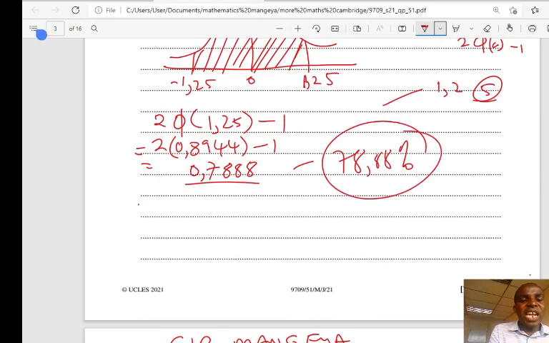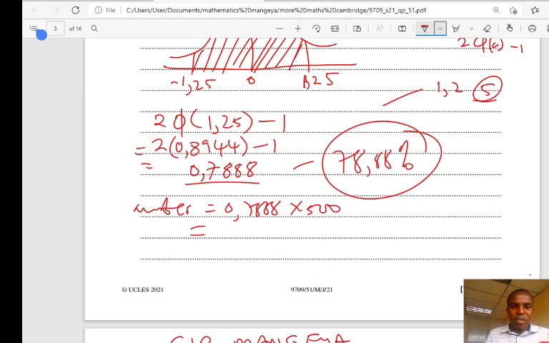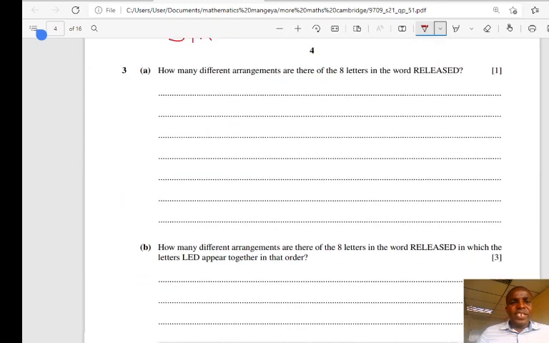So now to find the number, you multiply 0.7888 times 500 of the rows, you get 394.4, or you can just write 394 rows, or even 395. It works. Right, next question.